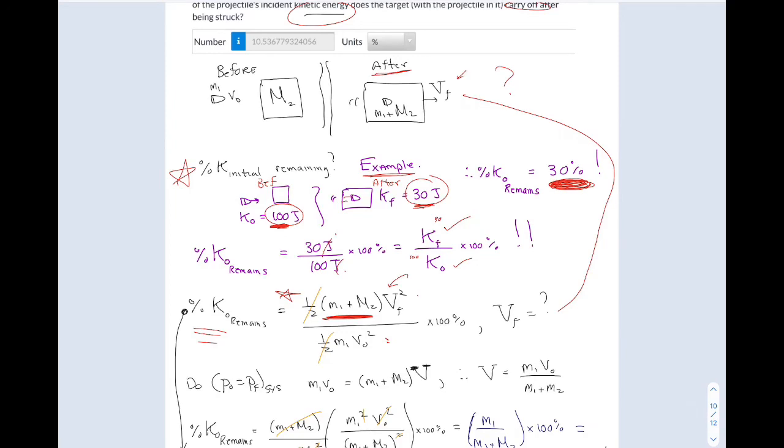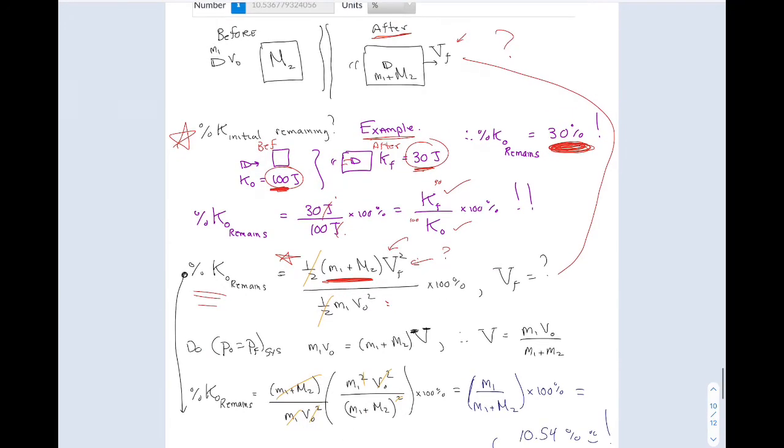So now I have to conserve momentum for the collision to find that capital V. I do P initial equals P final for the system. So I go back to my picture. Initial momentum is just the bullet. Final momentum, they're stuck together. Now I can solve this for capital V, and then I put that in for capital V.